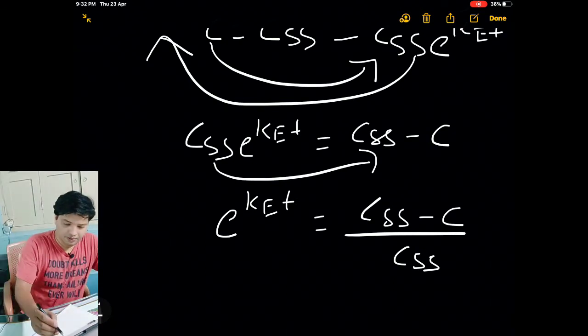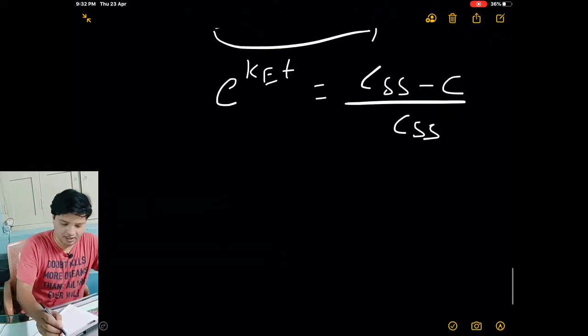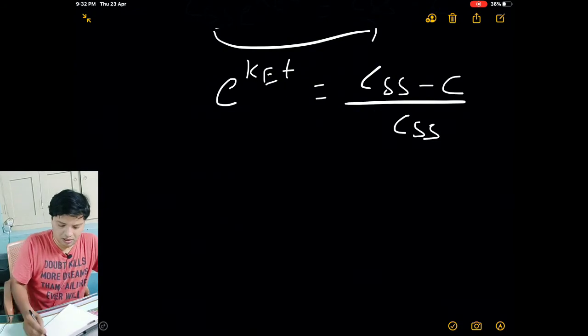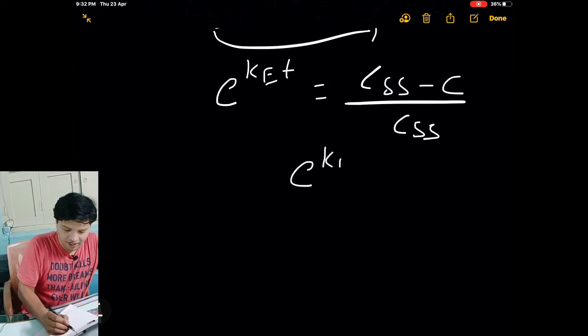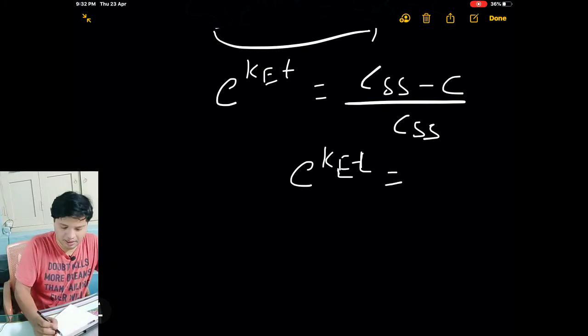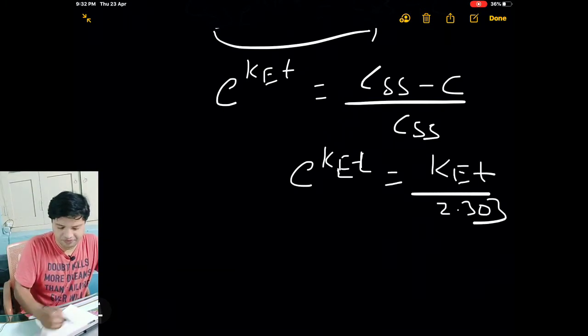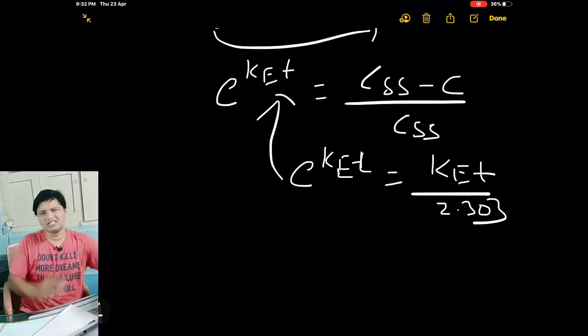Now whatever the left hand side is, we can write like this. e to the power of Ke T can also be written as Ke T by 2.303. Substitute that here. This is just a conversion factor.